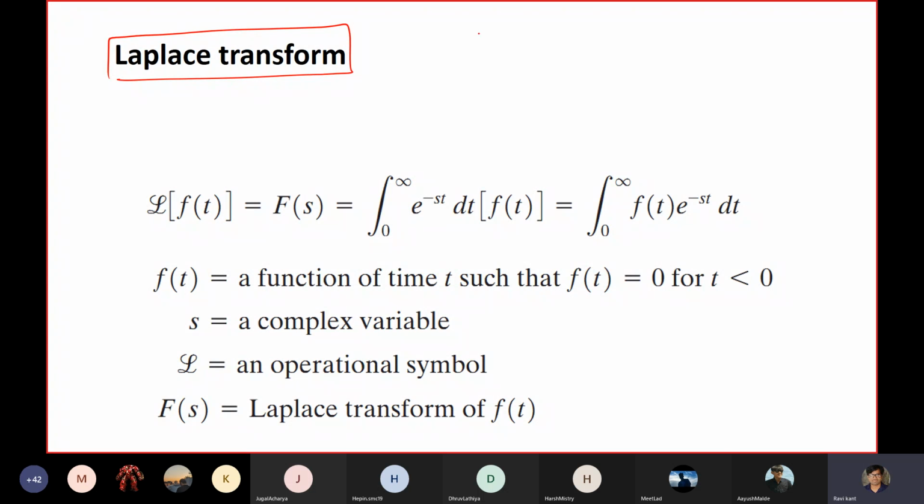Let's suppose you have a function f in time domain. Any function, you can think of any function of time. Either it can be constant, parabolic, or any polynomial, or any continuous function, can be transformed into f of s by applying an operator over it, which we call the Laplace operator.